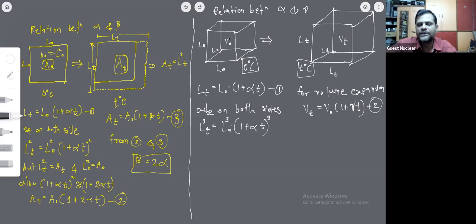So according to that relationship, what we can get is V naught is going to be actually L naught cube. ये समझ सकते हो ठीक से? So we can say here, V naught is going to be L naught cube.